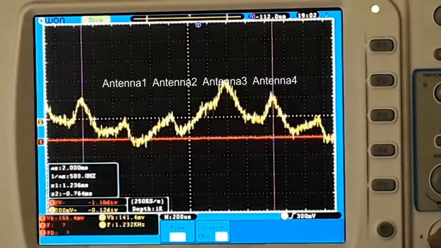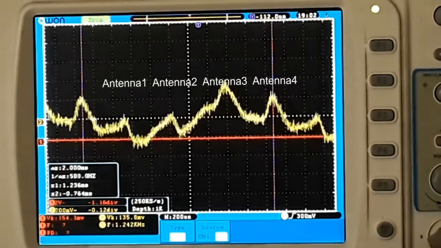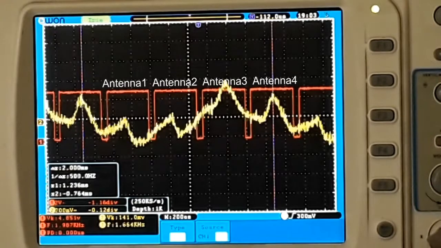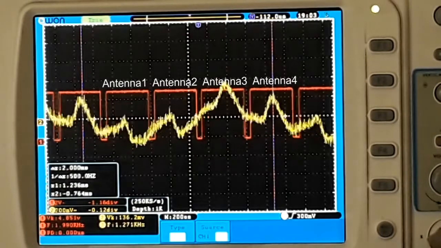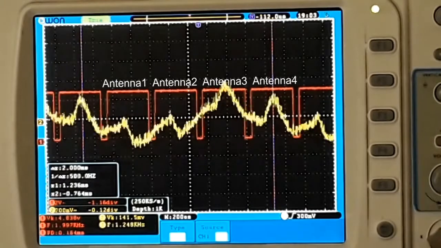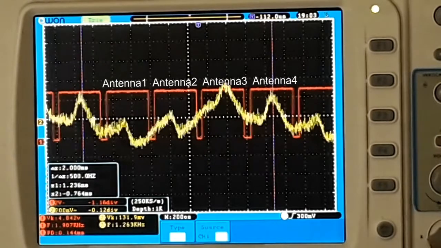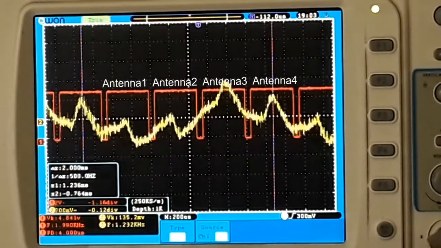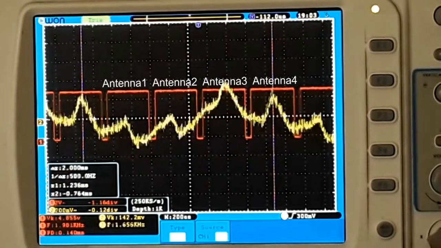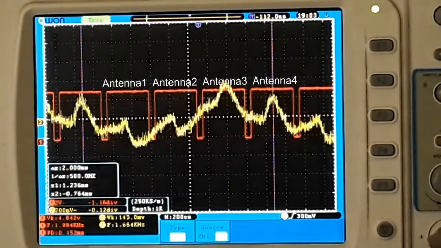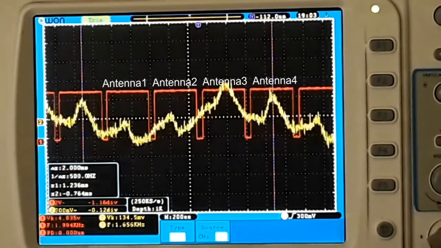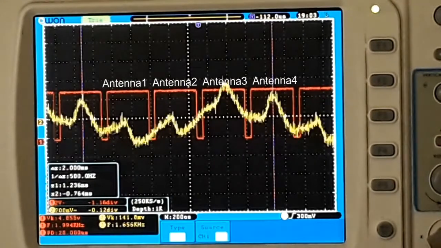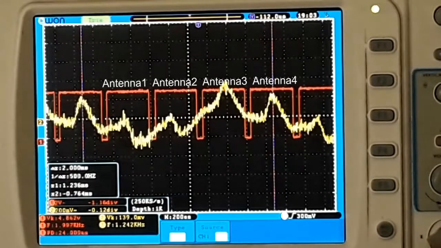But now we're gonna switch to gated sampling, and in red you can see the moment in which the sampling is done. That's in the down part of the red signal. So there's a lot of time up in which no sampling is done, and only where the red signal goes down a sample is being taken. And we can shift that moment, the sampling moment.